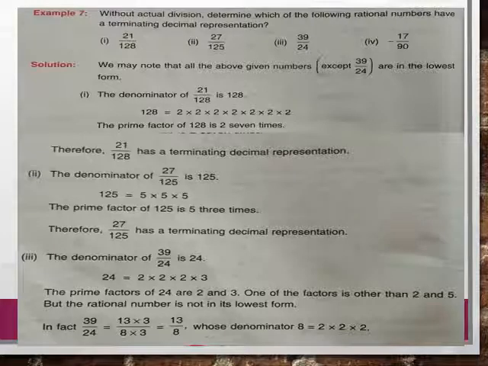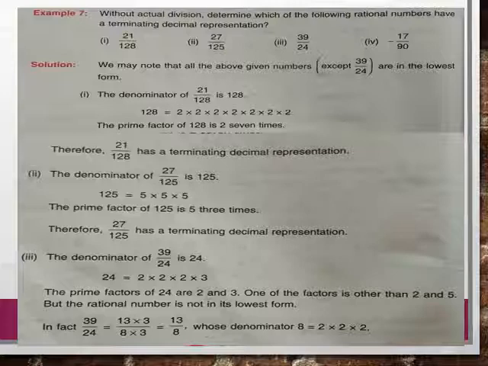See here, without actually dividing, we will now see which decimals are terminating and which are non-terminating. We may note that all the above given numbers are in the lowest form.